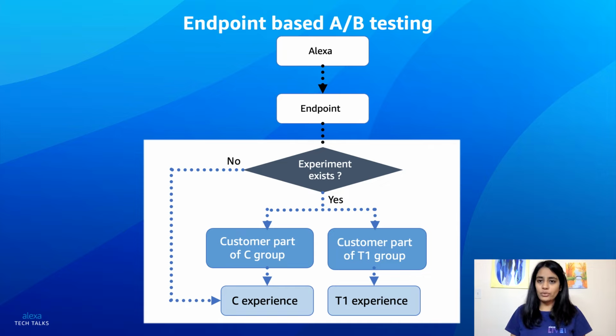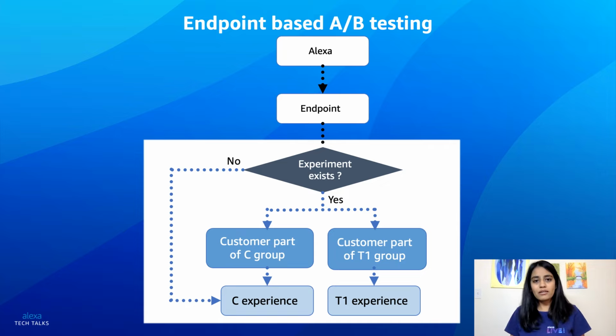You define your control and treatment experiences by adding conditional statements to your skill code. These statements effectively branch your skill into control and T1 versions. The experiences can be changes in intent response, Alexa Presentation Language, that is APL displays, or in skill purchasing prompts. We will talk more about these in upcoming slides, along with how to set up an experiment.